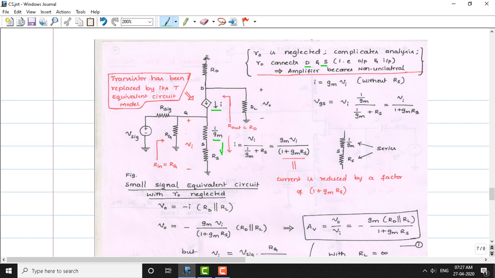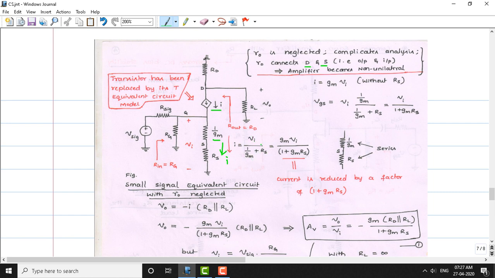The same current flows here also. This current can be derived using the voltage Vi divided by the total resistance, which is 1 by Gm plus Rs. That is the amount of current flowing here. That is the expression for I. So I is equal to Vi divided by 1 by Gm plus Rs.